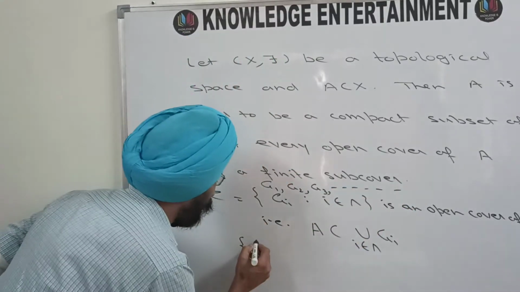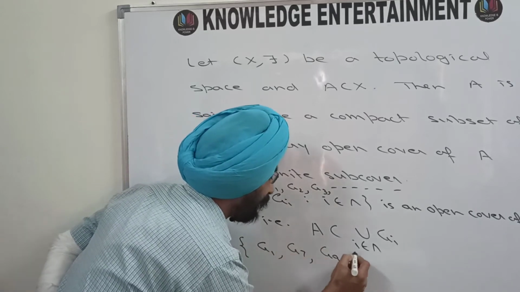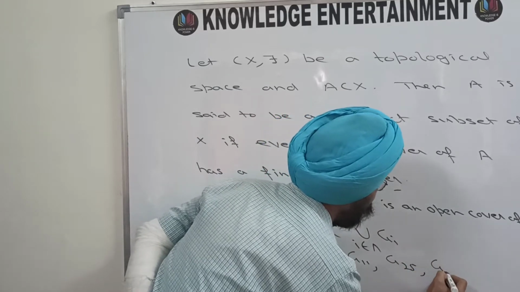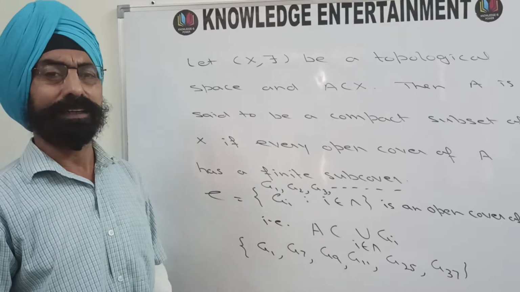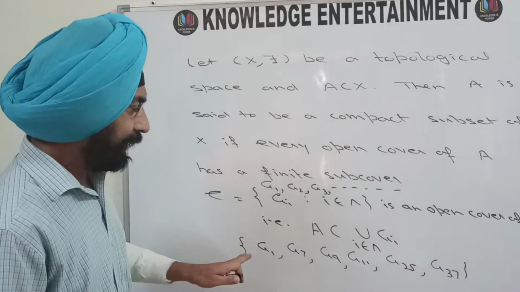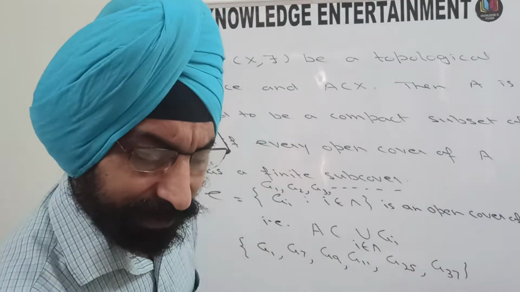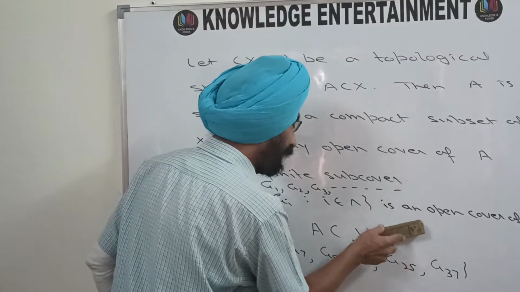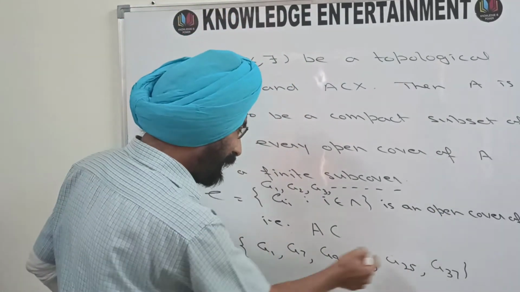Suppose some of the members G1, G7, G9, G11, G25, G37 are enough to cover A. That means A is a subset of the union of Gi, i belongs to lambda, which is true, but A is also covered by only these members.